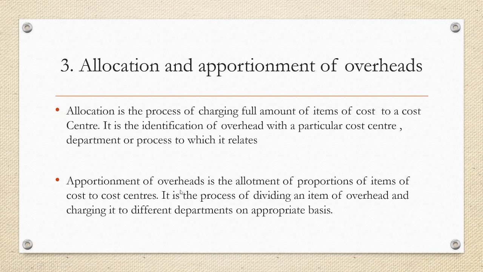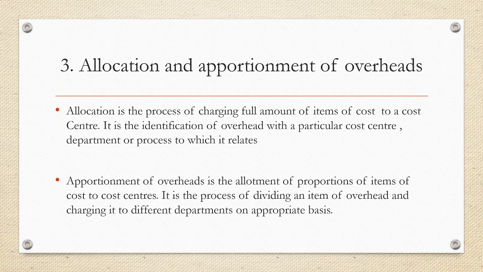So apportionment of overheads is the allotment of proportion of items of cost to cost centers, the process of dividing an item of overhead and charging it to different departments on an appropriate basis, as in the example of lighting. Allocation is the process of charging the whole item, whereas apportionment is the process of dividing and distributing it to the various departments.